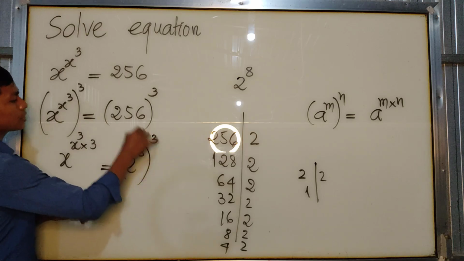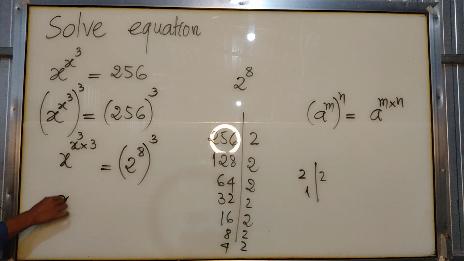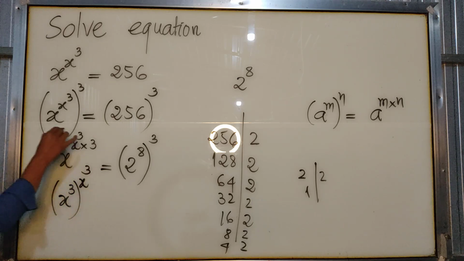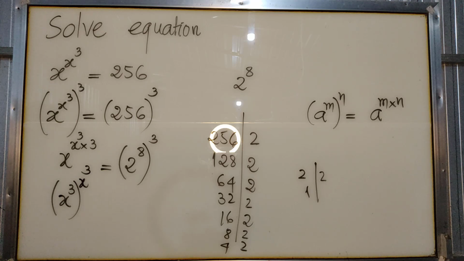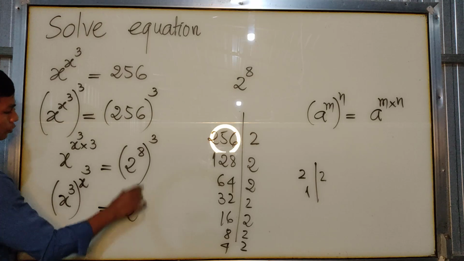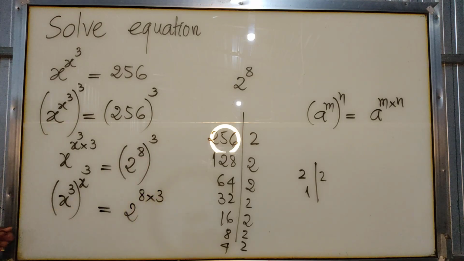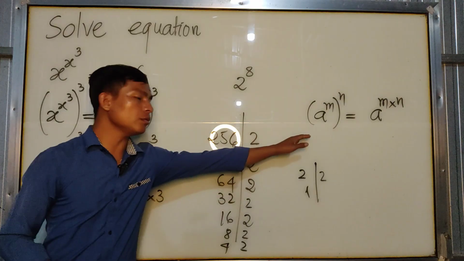all power 3. And so this you can write as (2^8)^3, which is equal to 2^(8·3). And now we also use this rule.